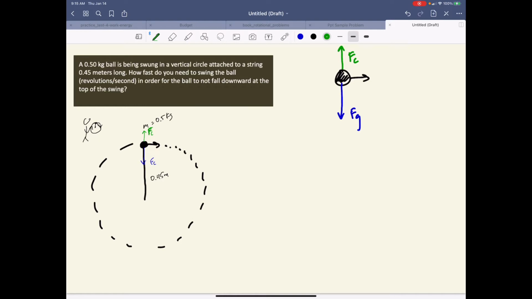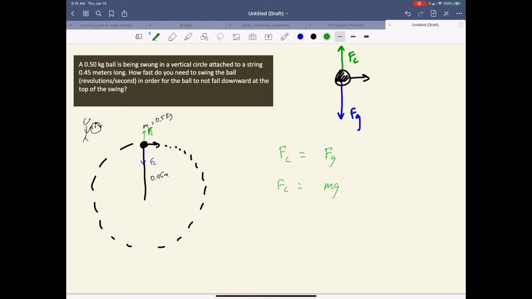We need to set F sub c equal to the force of gravity, which means we need to set the centrifugal force equal to mg. The gravity is trying to pull this thing downward. We've got to spin it really, really fast, so that centrifugal force counteracts that.